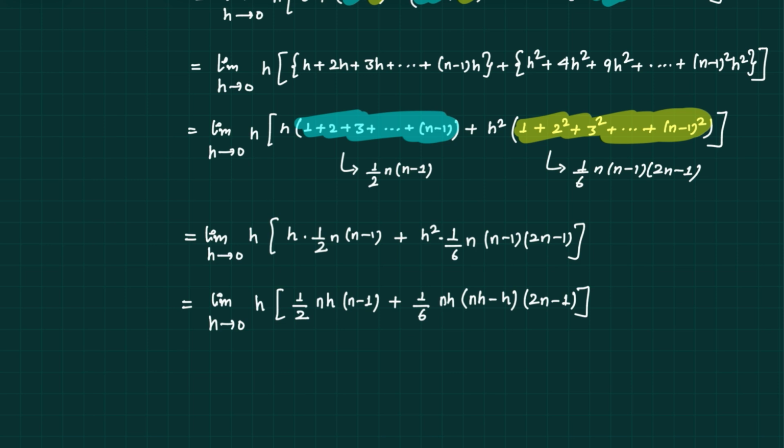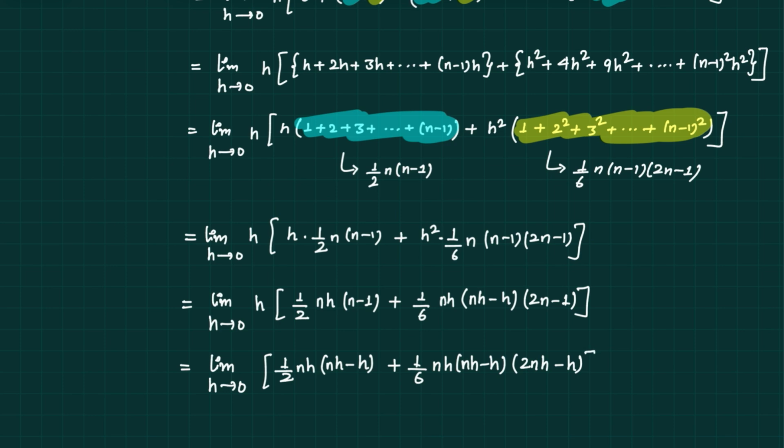Now let us open this bracket with h, then we will have limit h tends to 0 of 1 by 2, this nh is already here, so multiplying with the outside h inside n minus 1, it will be nh minus h plus 1 by 6 nh into nh minus h into, and multiplying that from outside, it will be 2nh minus h.